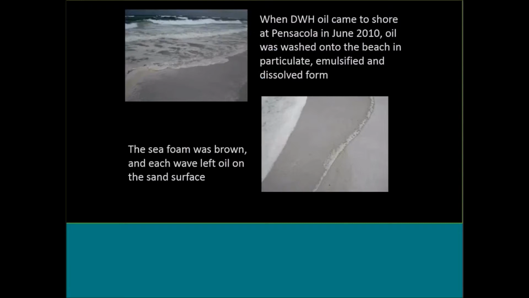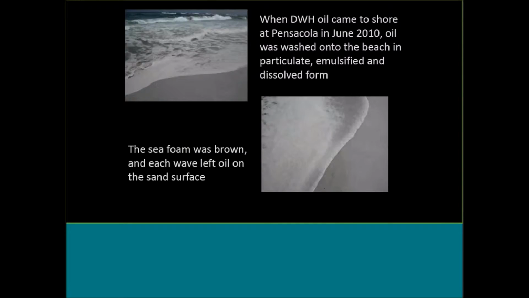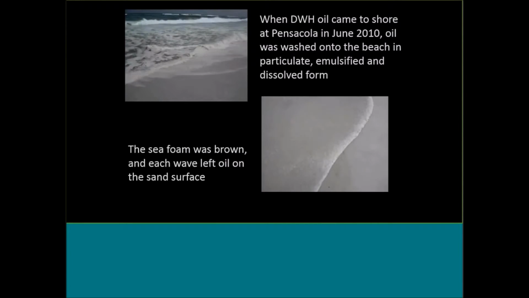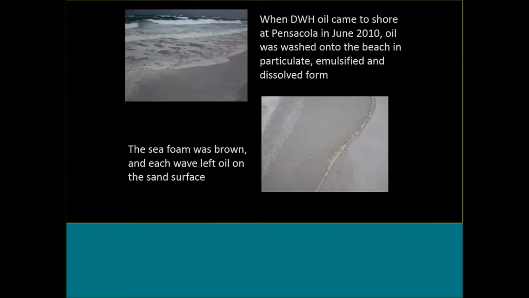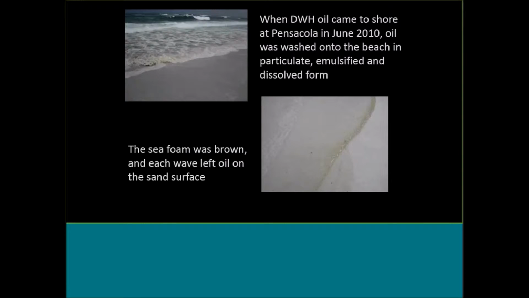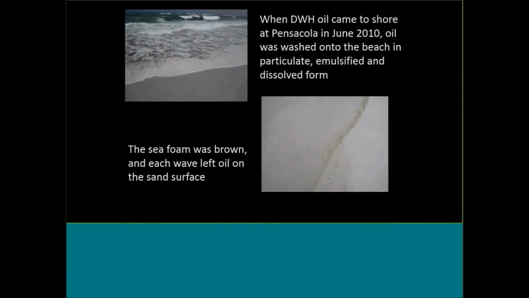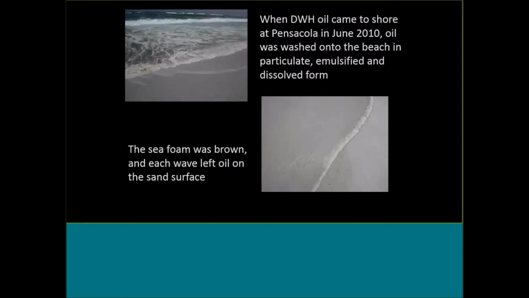The water is pretty green at this time because it's stirred up, but every single wave leaves this rim of oil. So there's oil in very, very small particles and also in dissolved form, and as you can see, the water vanishes partly into the sand, so some of this material is transported into the sand.